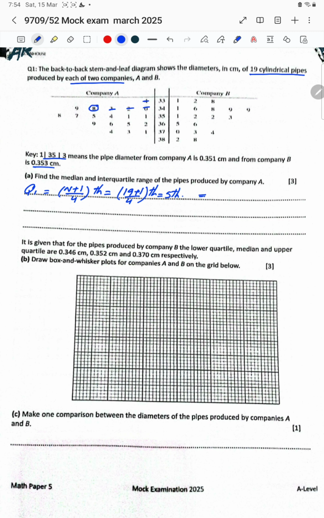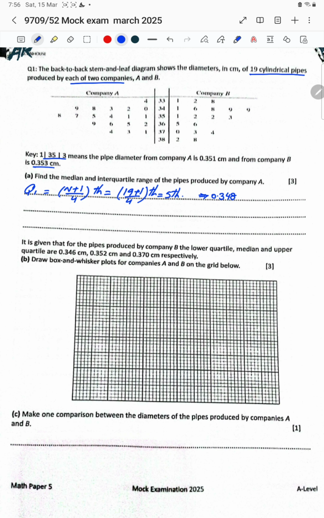It means Q1 is 0.348, right? The stem 34 for the company and leaf 8, yes.